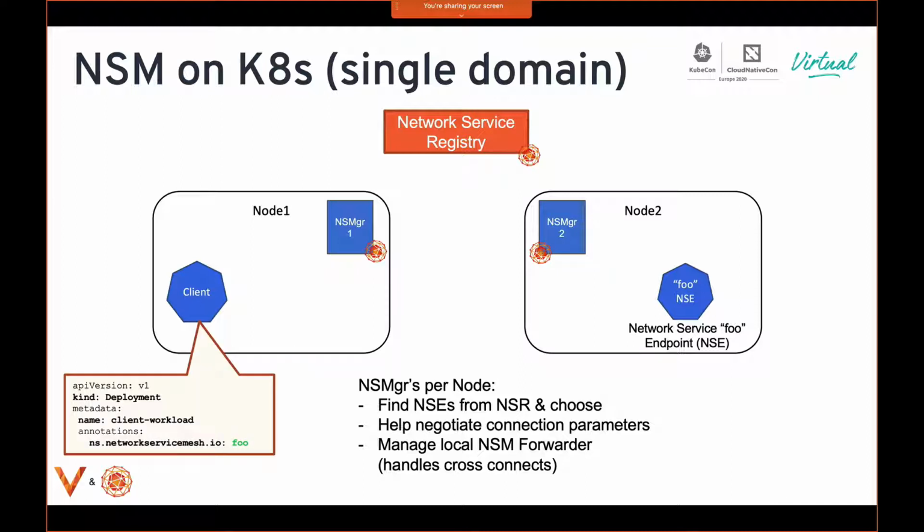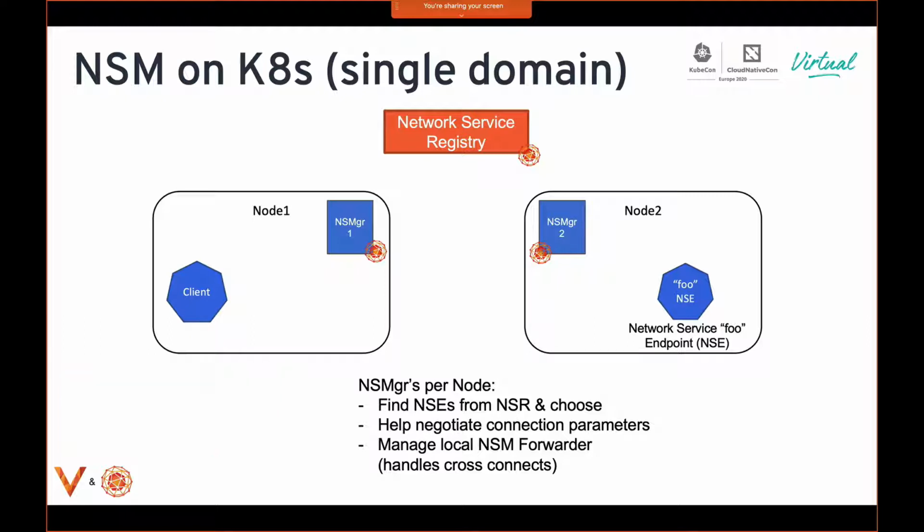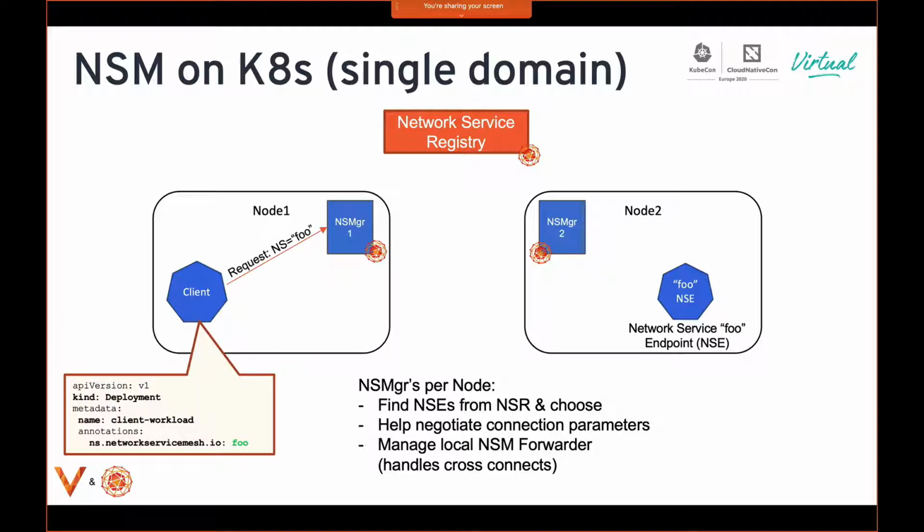So the same basic flow as the previous slide, but it's triggered by NSM, which has an admission controller that pays attention to annotations on pods or deployments, and that causes an init container to be added to that client's deployment, and that is what is doing the actual request initiation to the network service mesh control plane.